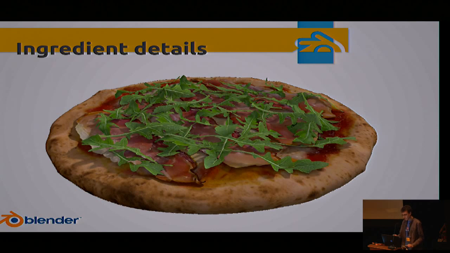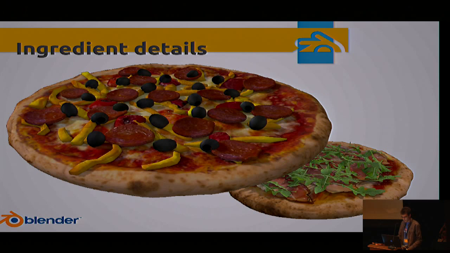About the ingredient details, I said that the rucola has translucency and complex geometry to make sure that the ambient occlusion baking doesn't show the gaps, so it's more defined. Also, the olive and some other ingredients have specularity baking in Blender.